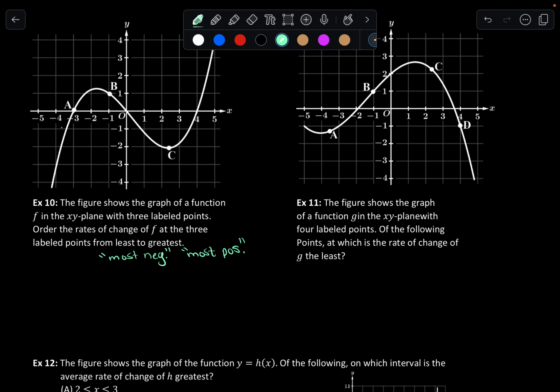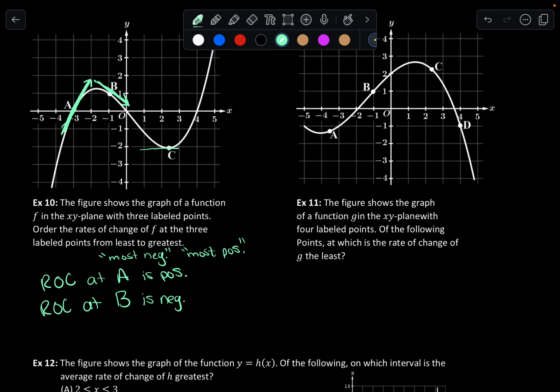Okay, so at A, if we draw a tangent line here, we can see that the slope of that tangent line is going to be positive. So therefore, the rate of change, ROC, at A is positive. If we do the same thing at B, we can see that the slope of this tangent line is going to be negative. So the rate of change at B is negative.